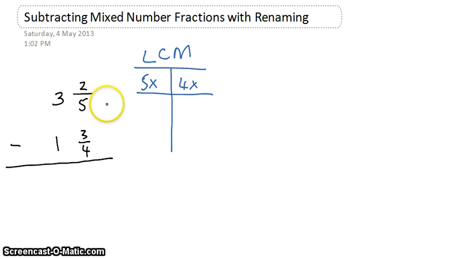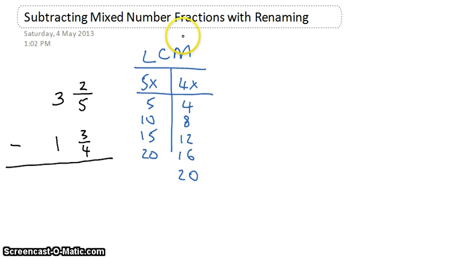Most of you might go, the lowest common multiple of 5 and 4 is 20 because you know that, but some of you might need to list out all the multiples of 5 and all the multiples of 4. Notice I'm going up in 4, 8, 12, 16, 20, until you arrive at that same number. And we can see very clearly here that 20 is the lowest common multiple of 5 and 4.